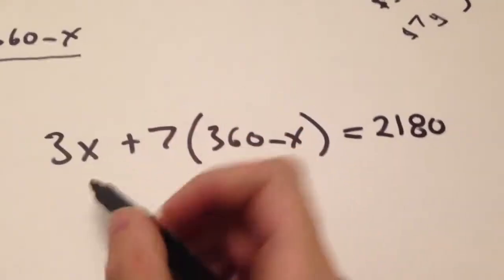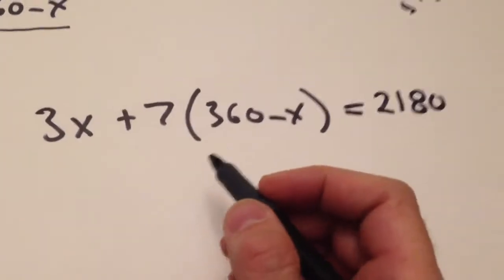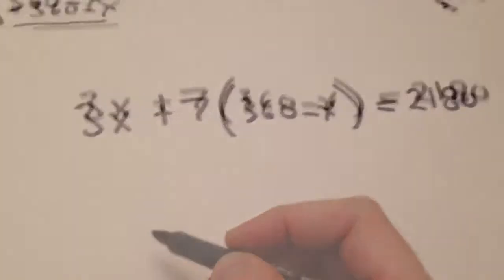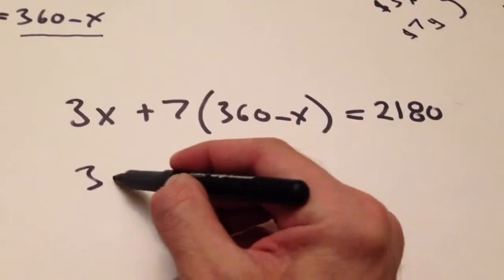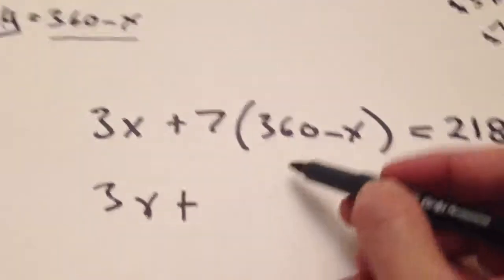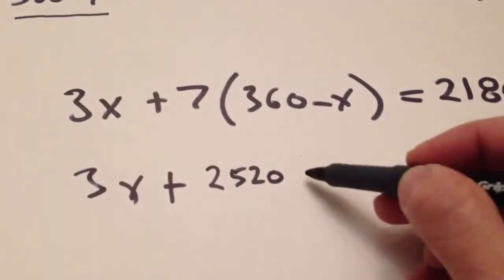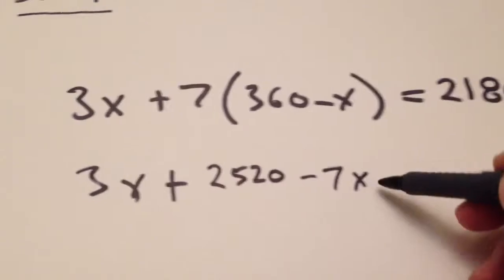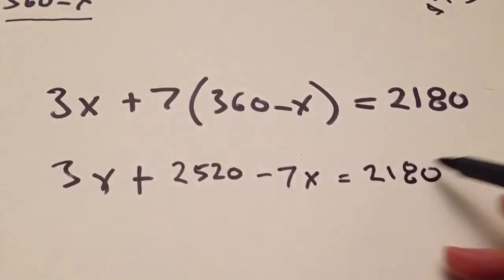And this now is just a matter of moving stuff around, multiplying stuff out, and solving it. Okay, so we get 3x plus 2,520 minus 7x equals 2,180.